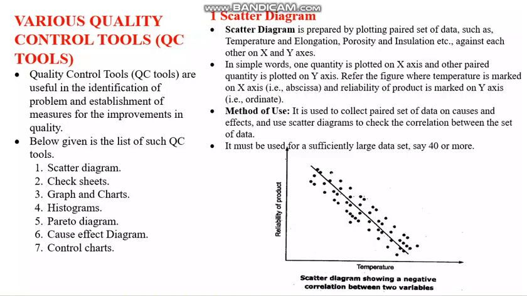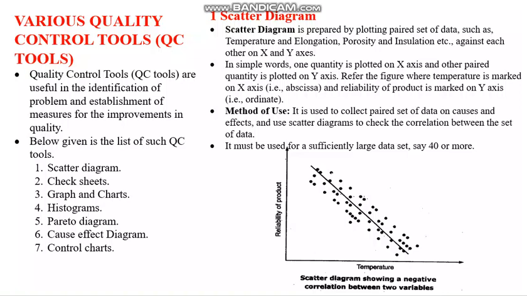One quantity is plotted on the x-axis, and the other is plotted on the y-axis, like temperature versus elongation, porosity versus insulation, etc. Such things can be plotted on these scatter diagrams. The method of use is to collect a paired set of data on causes and effects.